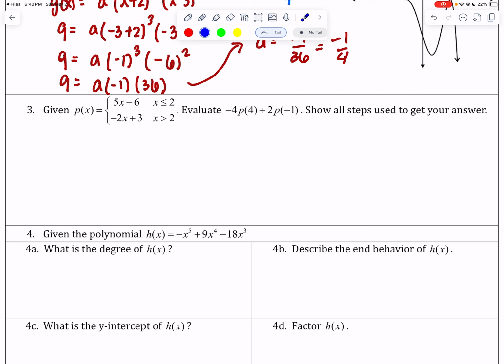All right, so we are given p of x, and we want to evaluate negative 4 p of 4 plus 2 times p of negative 1. Show all steps used to get your answer. The first thing that I'm going to do is probably figure out what p of 4 is. And that means I have to use my second subfunction, because 4 is greater than 2.